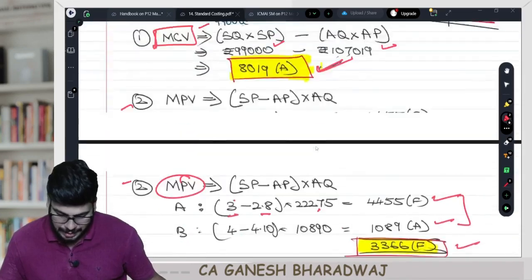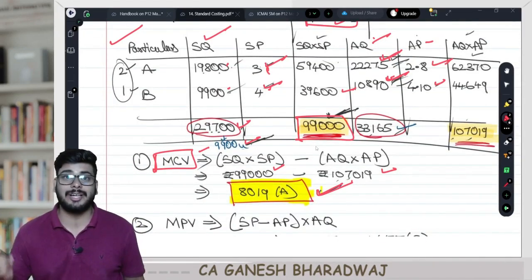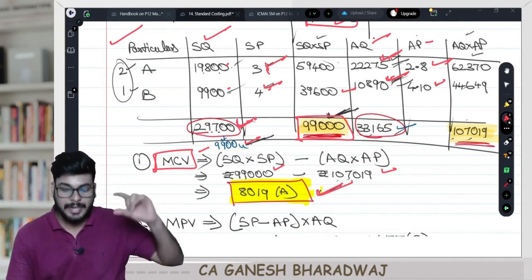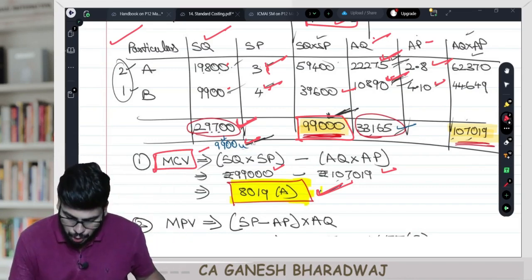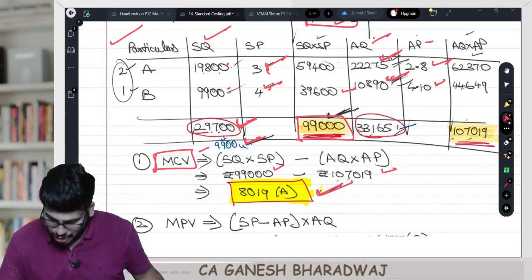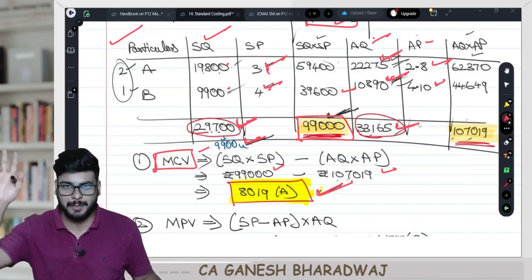Basically, how do you calculate the standard output? If I input a total of 29,700 kgs of raw material, I should get an output of 9,900, correct? But I have actually inputted 33,165 kgs, A plus B put together.